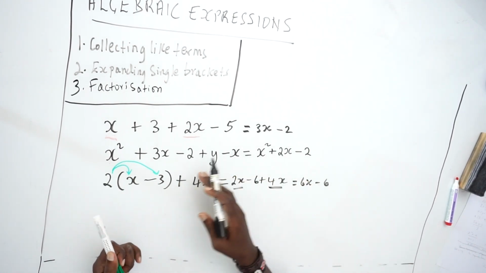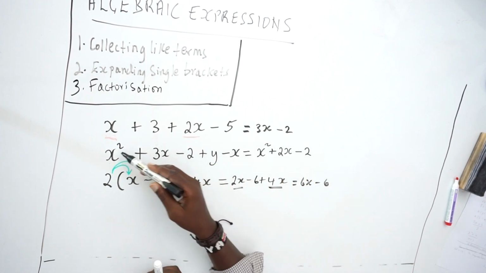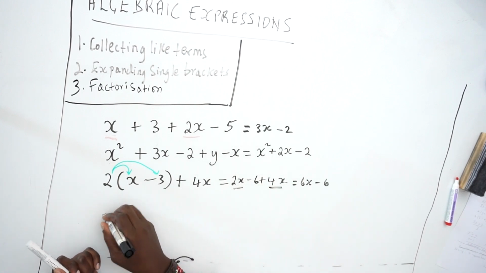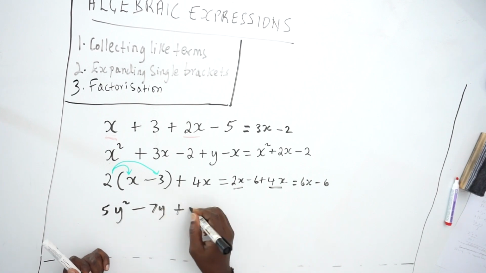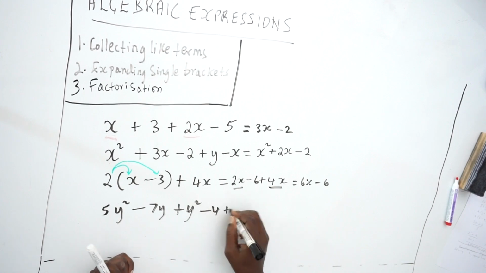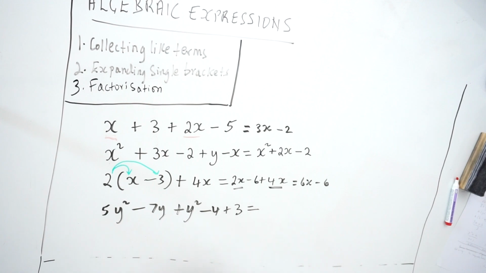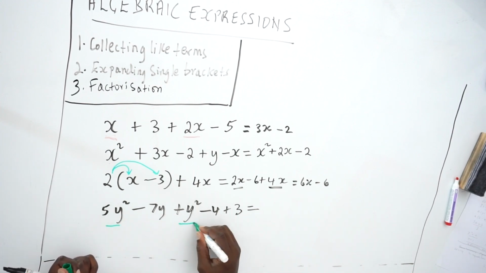So we can collect like terms when we are simplifying algebraic expressions. The things which are together, we put together. Those which are not together, we leave apart. For example, we know x squared is different from x. One last example. We've got 5y squared minus 7y plus y squared minus 4 plus 3. In such an example, I have got 5y squared and another y squared.